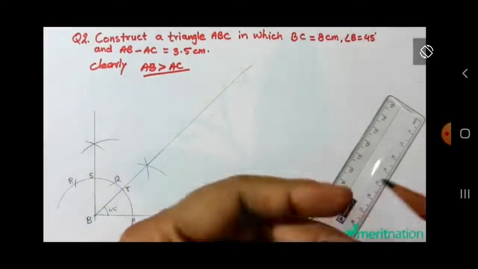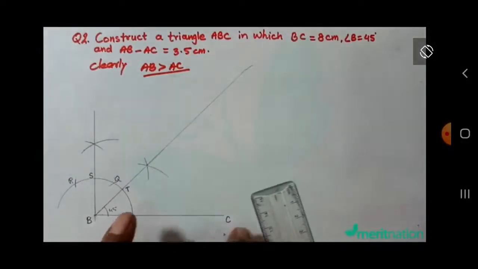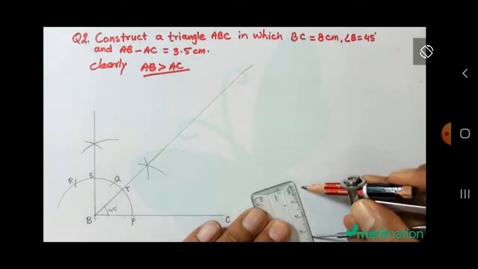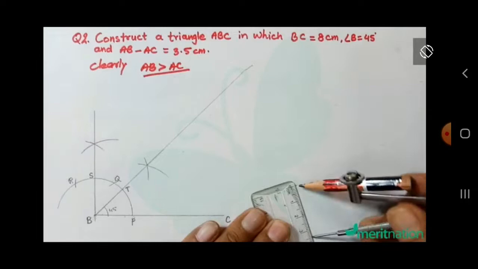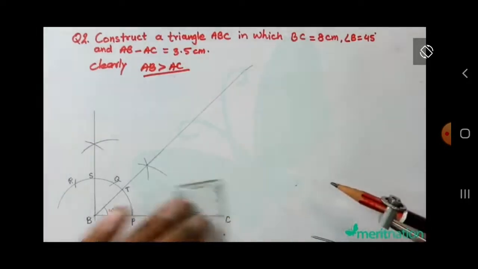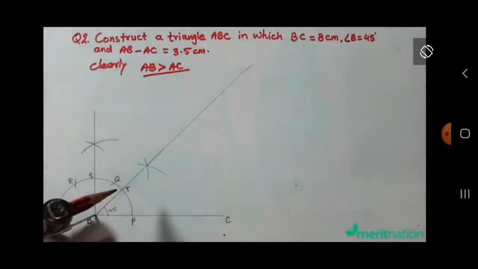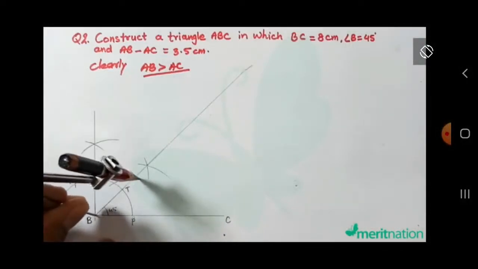So I'm measuring with the compass. I'm stretching it equal to 3.5 centimeters. 3.5 is here. I'm cutting an arc of 3.5 on this line segment of 45 degrees from B. This is here.